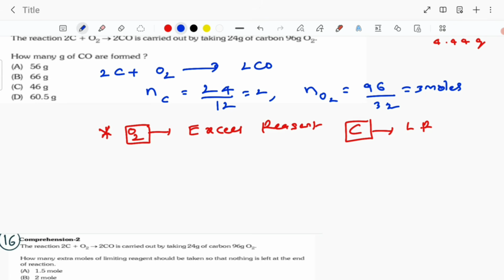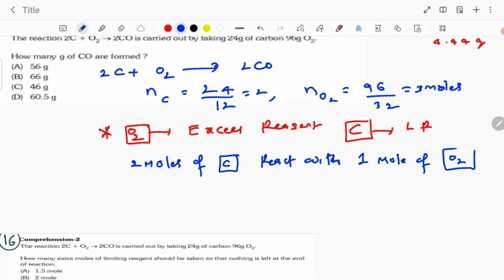We know 2 moles of carbon react with 1 mole of oxygen. But how many moles are given? Only 2 moles of carbon, and 3 moles of oxygen are given. So 1 mole of O2 reacts. Then how many moles are left?